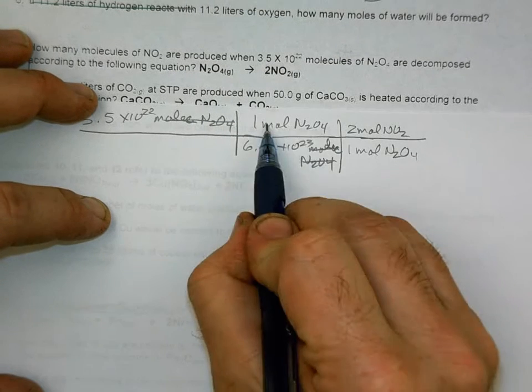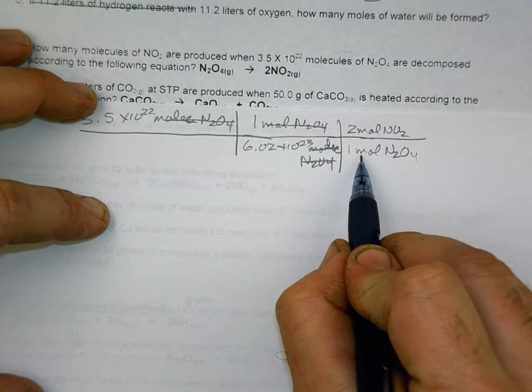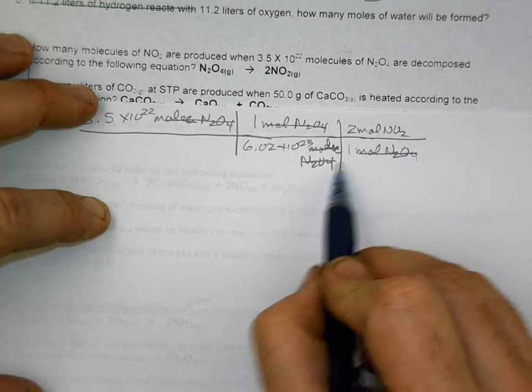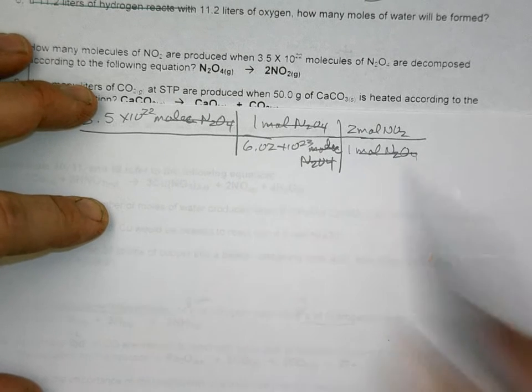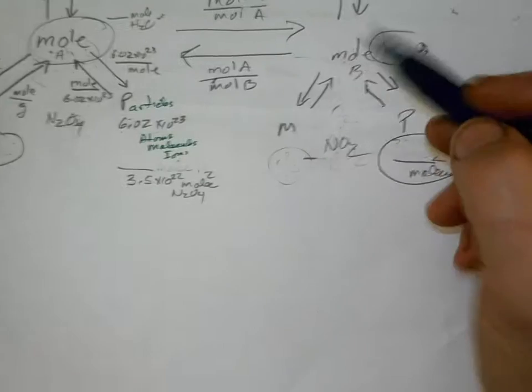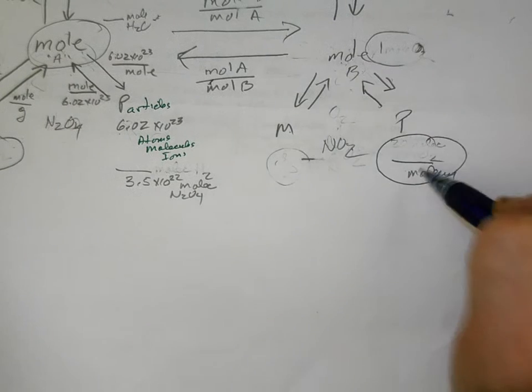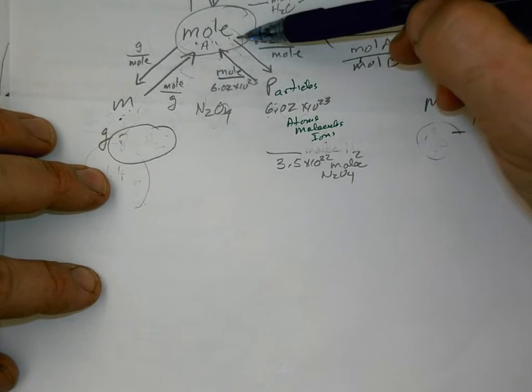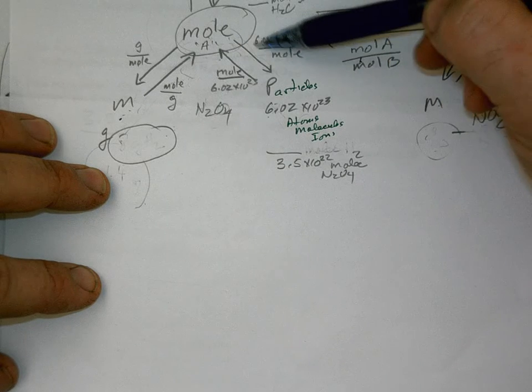So at this point now we can cancel out N2O4 and we're left with moles of NO2, but that's not what we're looking for. We need to get to molecules of NO2. That's what the question was asking. And to get to molecules from moles, we will multiply by Avogadro's number.